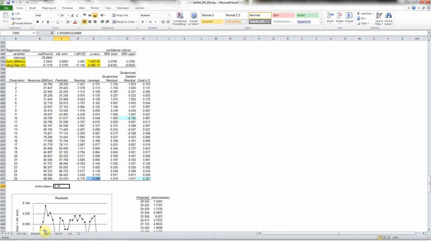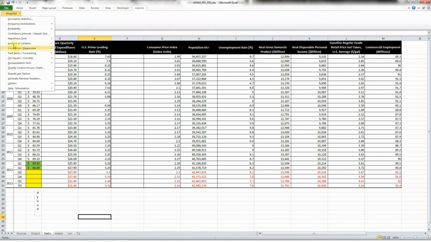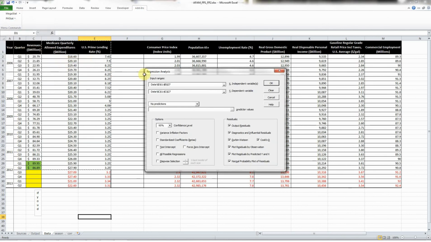So we go back to our data, and what we're going to do is hold out these two. I'm just going to color those green like that, and I'm going to go to Megastat and do regression analysis.